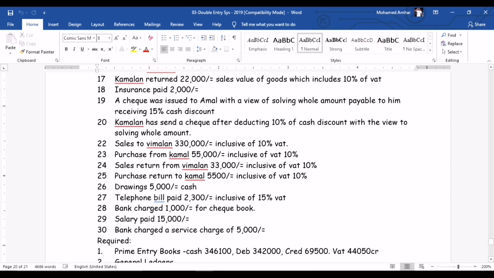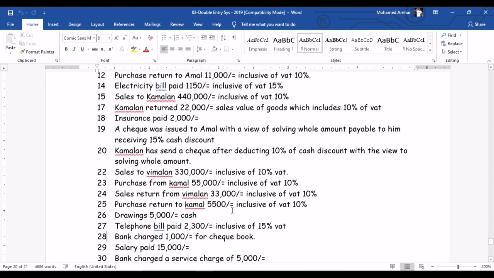So the most appropriate, the better way is recording this bank charge 1,000 for checkbook in the general journal. That is the good way.